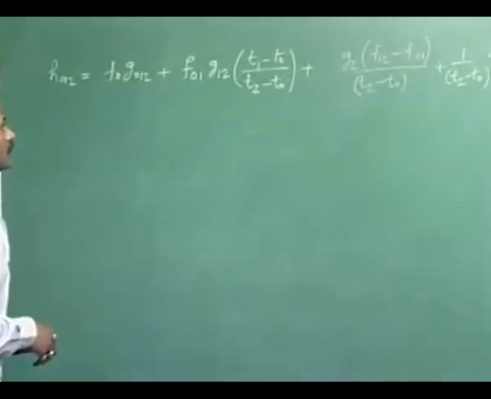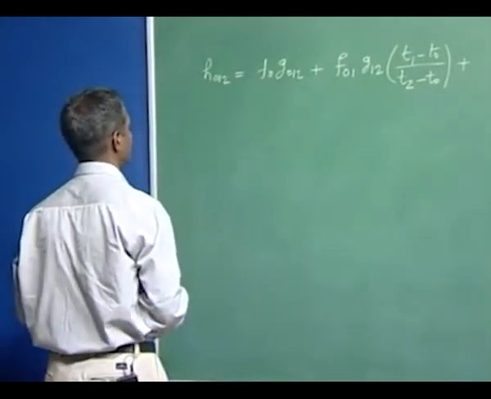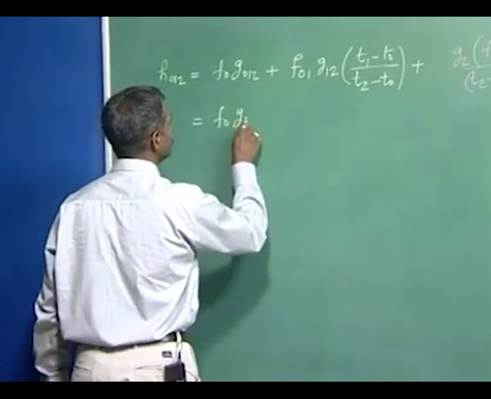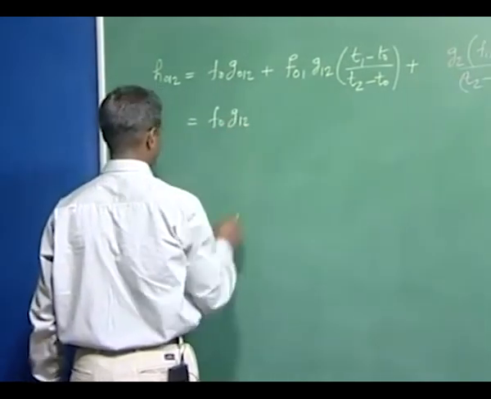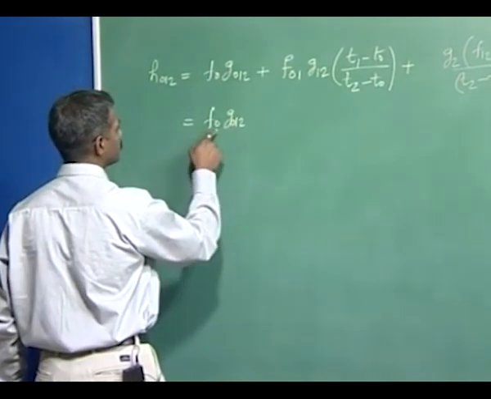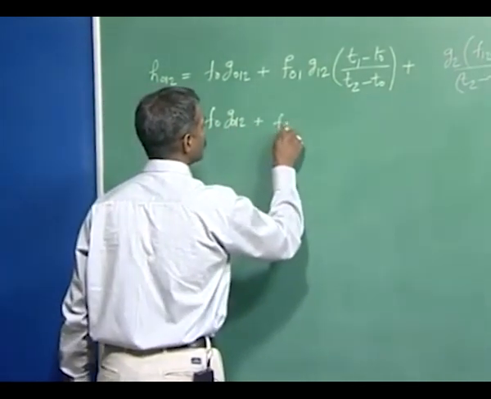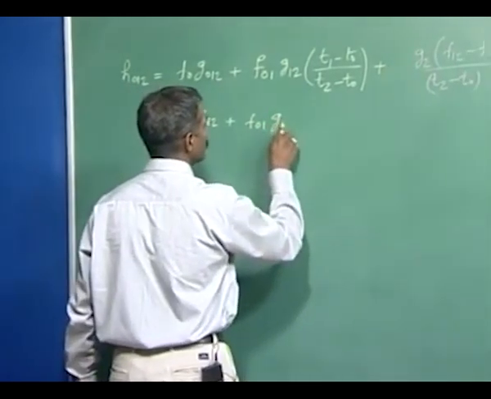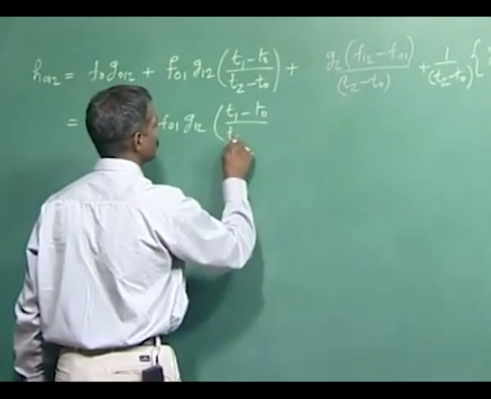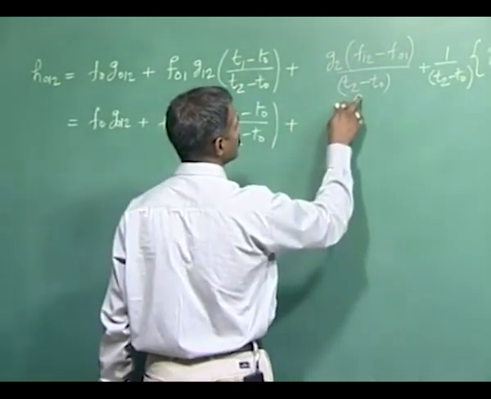I should be able to simplify matters a lot from here. This is F0 G12. There will be 0 here. So F0 G012 plus F01 G12 times T1 minus T0 over T2 minus T0 plus, what is this?